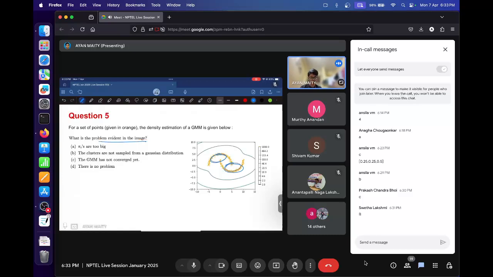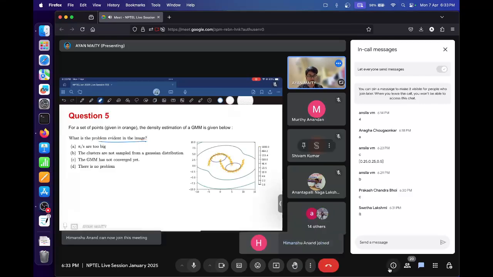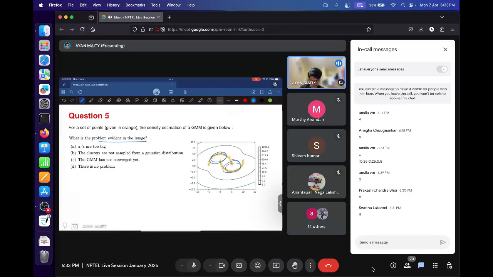So that is the main problem, that if we try to find two clusters from this data distribution, it will find these two Gaussian-like clusters, which are not very similar to the distribution of the data points in this 2D plane.